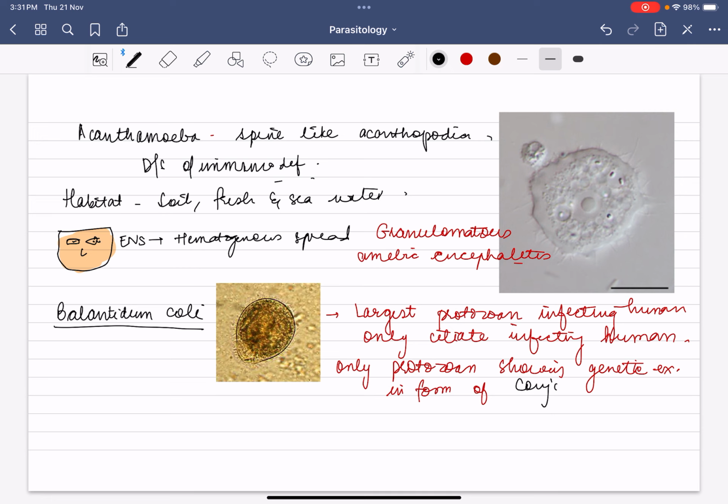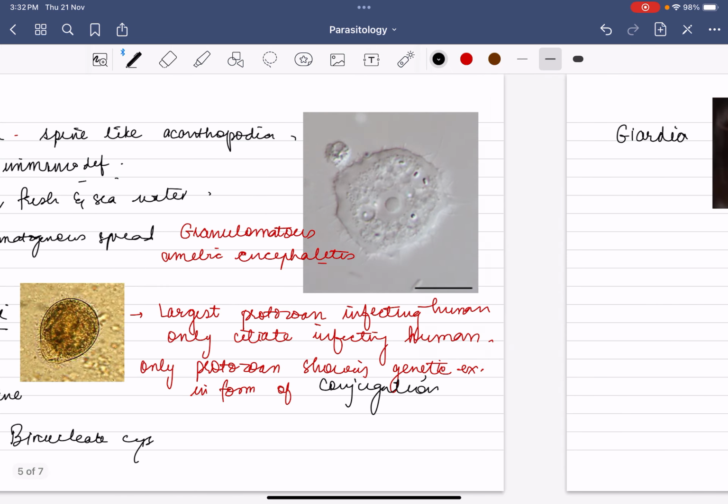What is conjugation? Conjugation is by formation of sex pili. Otherwise, genetic exchange is usually done by transduction. So habitat, it is in the large intestine. And the infective form is a binucleate cyst.